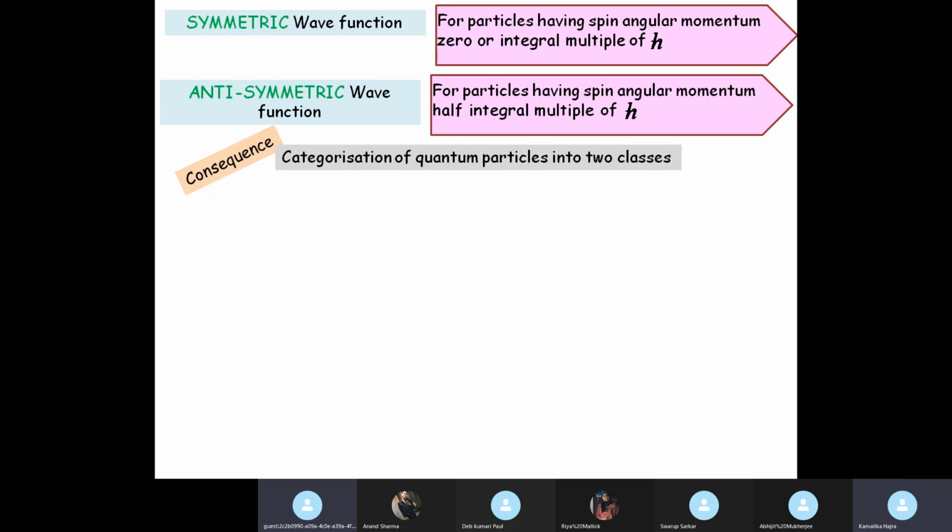Consequently, the categorization of quantum particles is under two classes. We can clearly see that there are two classes of quantum particles. So till now, as long as we have been doing quantum mechanics, we just denoted the particles as quantum particles, particles that follow quantum mechanics, which is the general mechanics, and under special circumstances that reduces to classical mechanics.